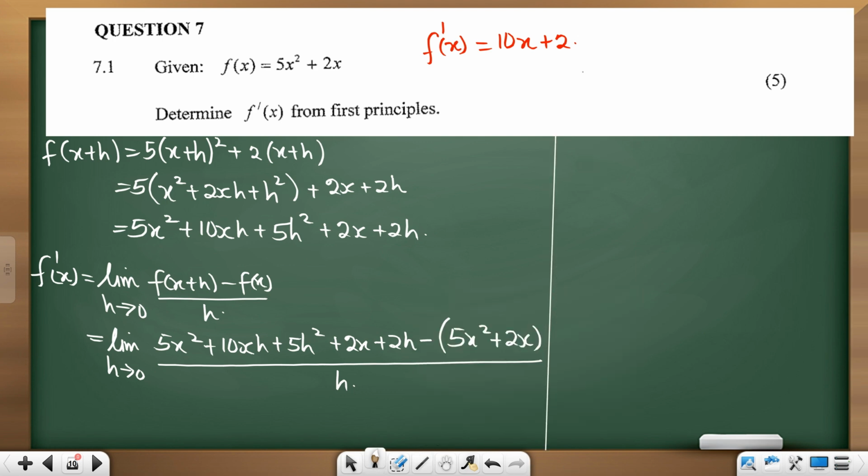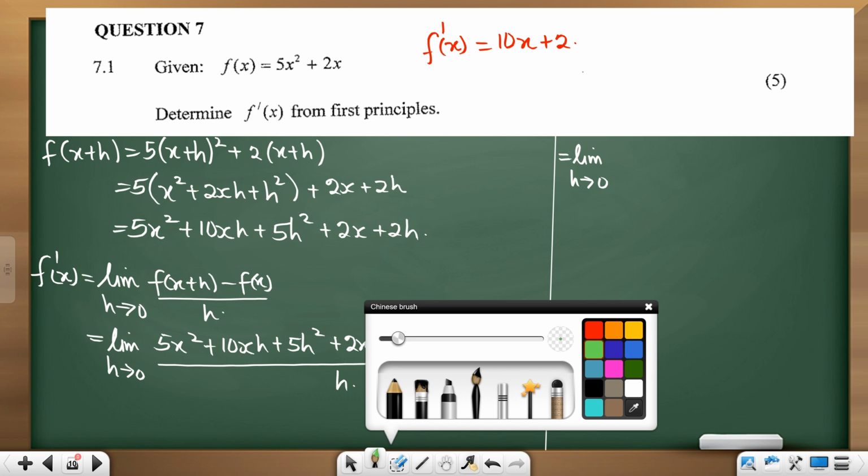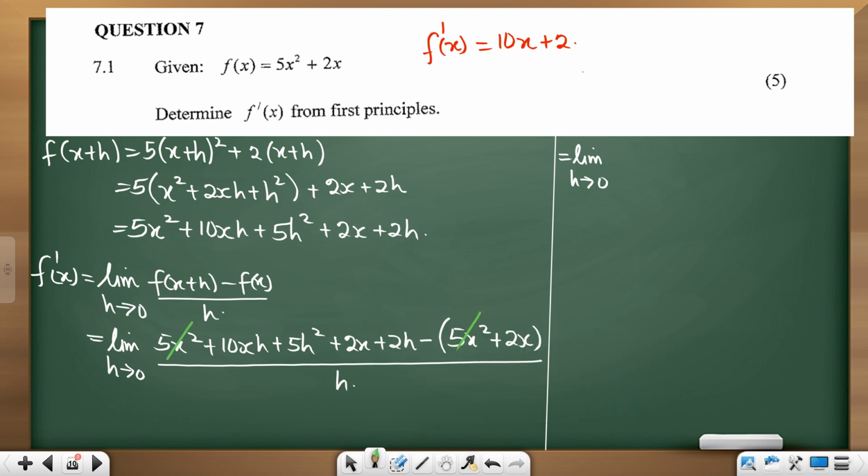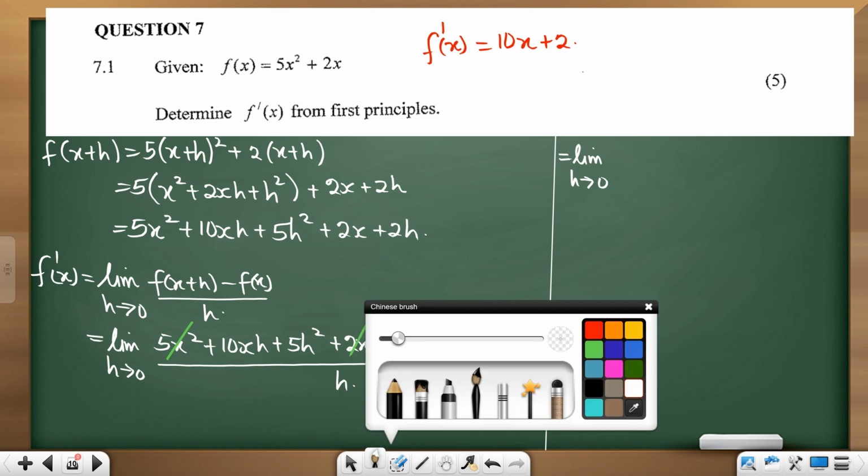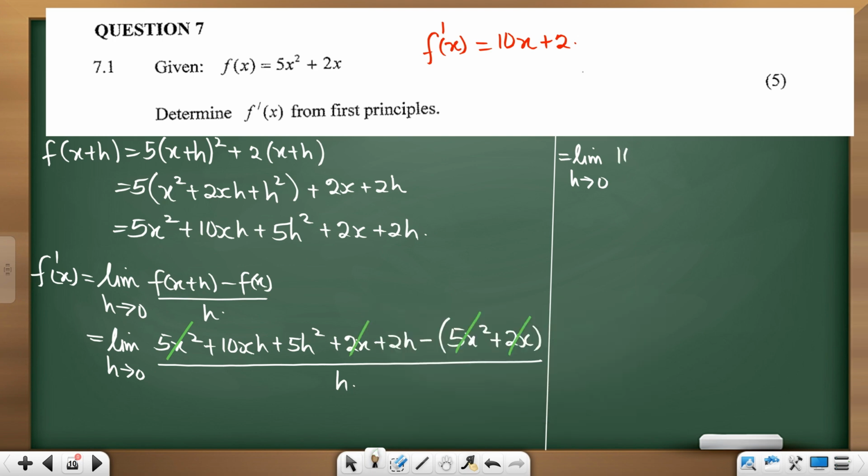So what do we have? Limit as h approaches what? 0. My 5x squared, we can actually see that this would cancel that, right? And my 2x will also cancel. So what do I have left? 10xh plus 5h squared plus 2h.